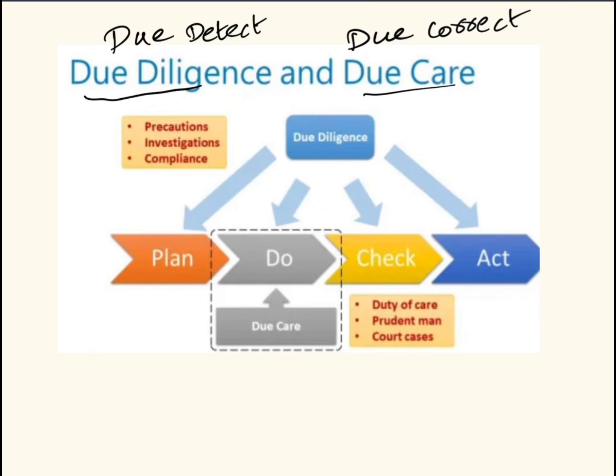Another example could be incident response planning. For instance, you develop an incident response plan, test it, and assign roles. Due care: during a real cyber attack, you follow the plan, engage the incident response team, and notify authorities as needed, right?